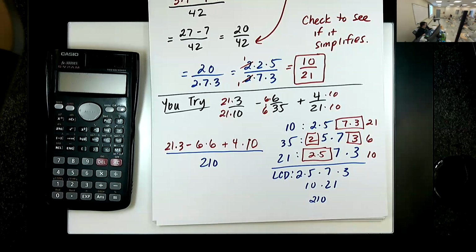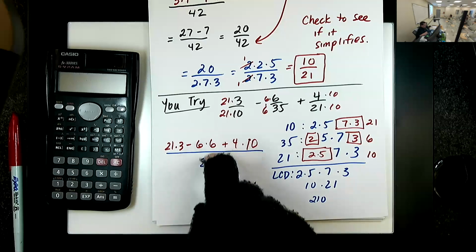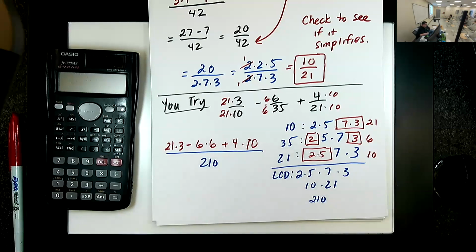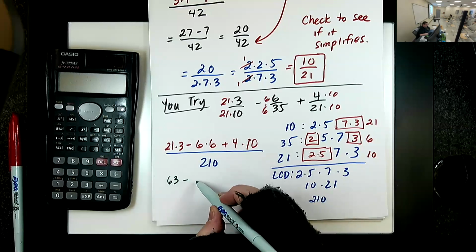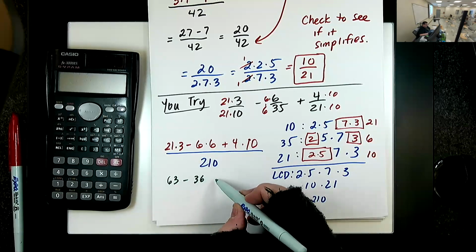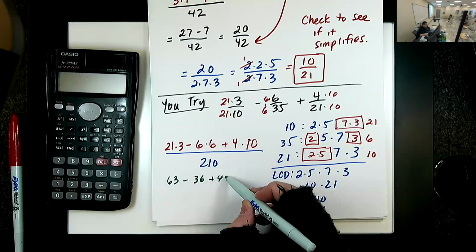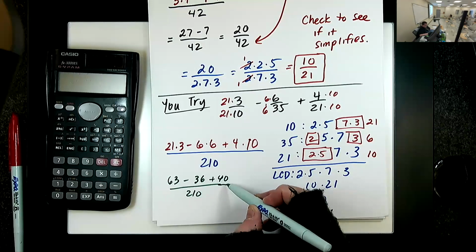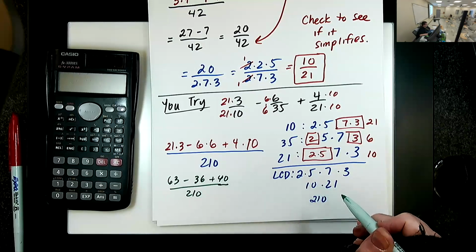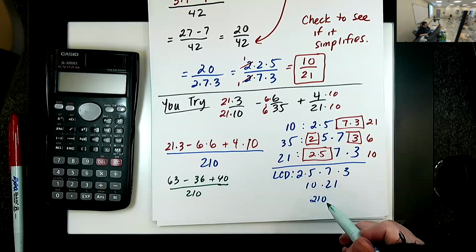All right, so if you got to that point, even if you have these as separate fractions, you're doing good so far. 21 times 3 is 63. 6 times 6 is 36. 4 times 10 is 40. And I can do this part in my head. I can't do 63 minus 36 easily in my head. I'd have to stop and think about it.